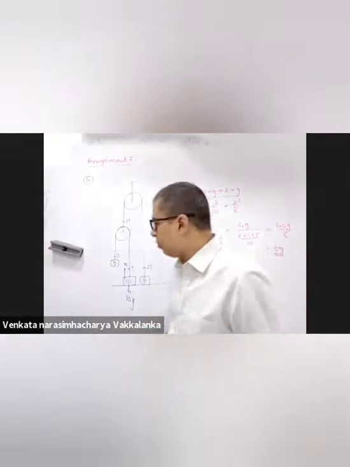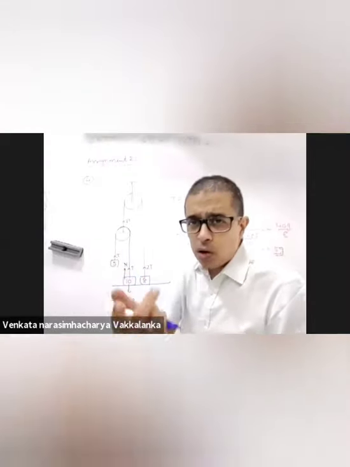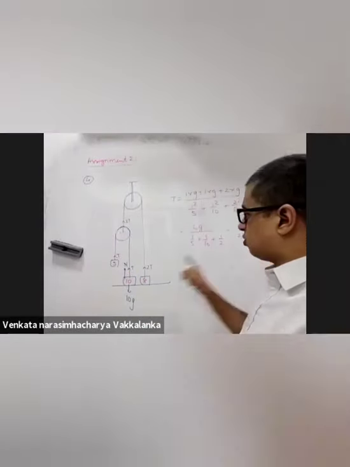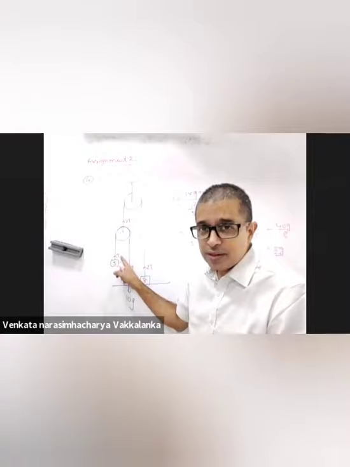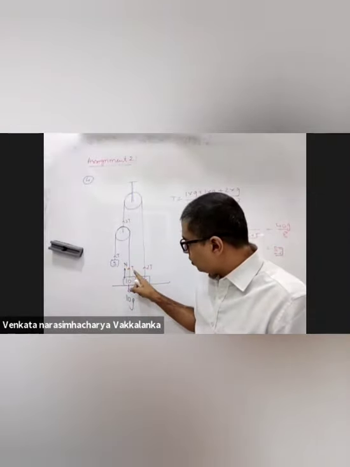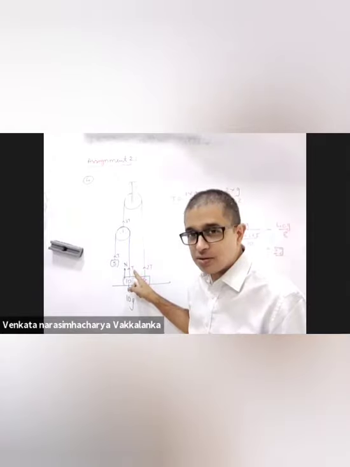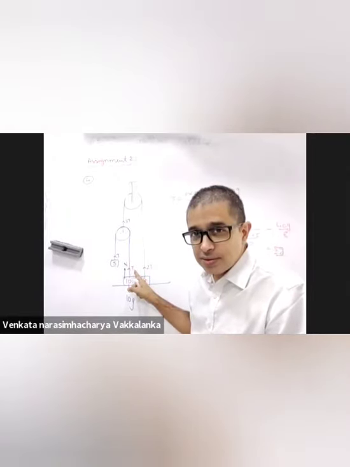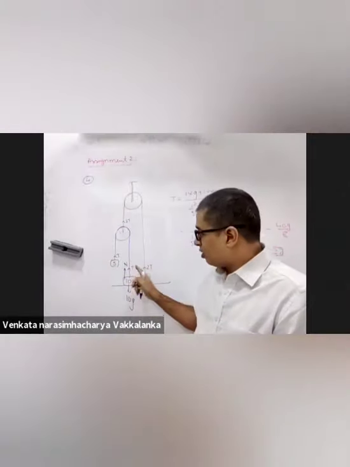Some students will tell me that the 5 kg block also should not move because tension is turning out to be 5G. Listen carefully. Now that I have a normal force here, don't you think the tension decreases? I'm trying to lift this mass in the upward direction.